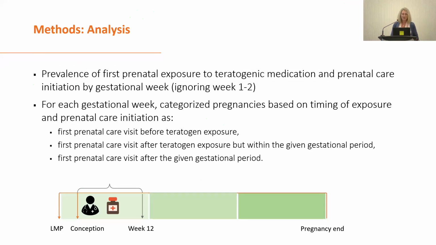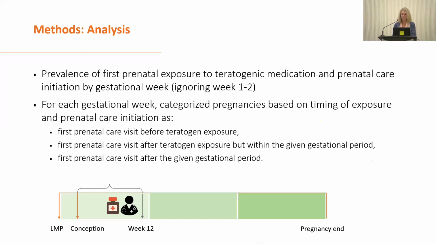Then we had 3 specific categories. The first would look at the proportion of those pregnancies that were exposed to a teratogenic medication where the prenatal care preceded that exposure. The second, where the prenatal care came after that exposure, but still within that week cutoff that we're interested in.